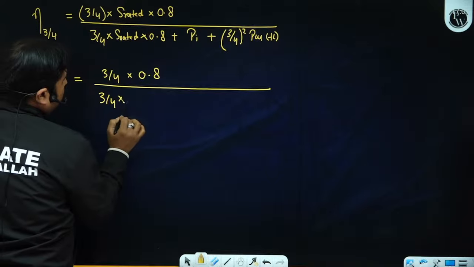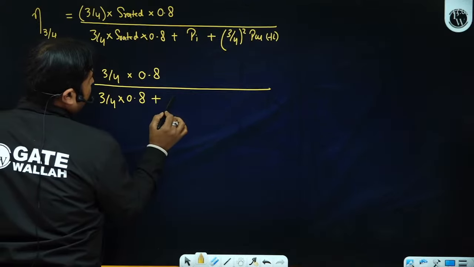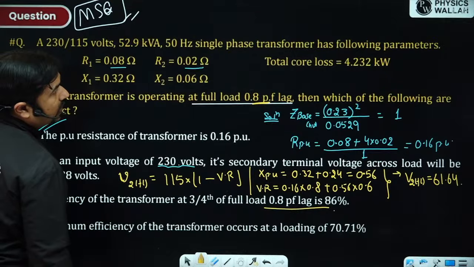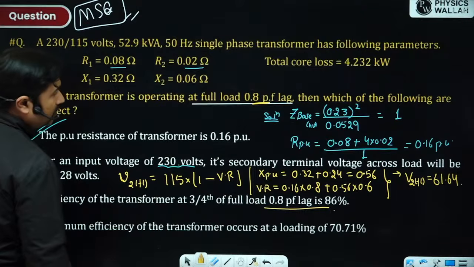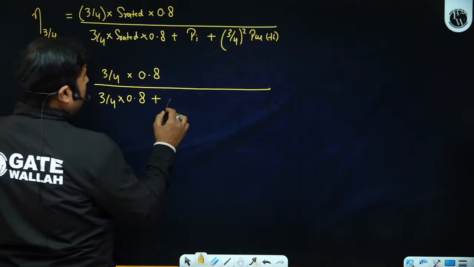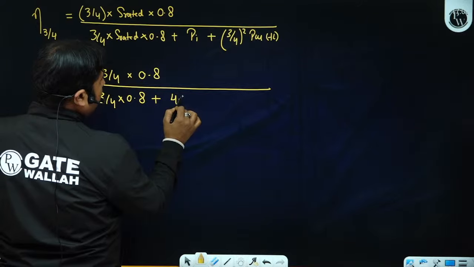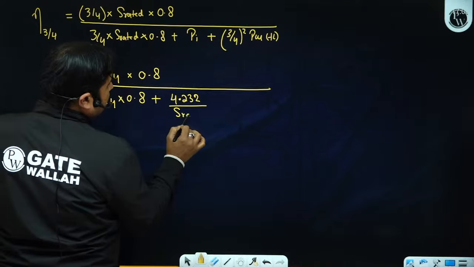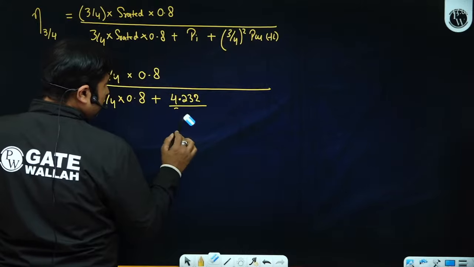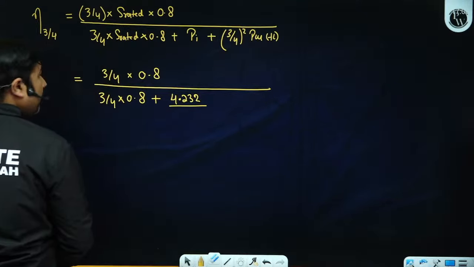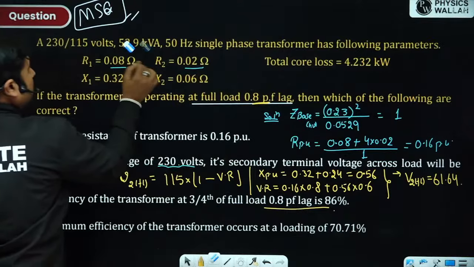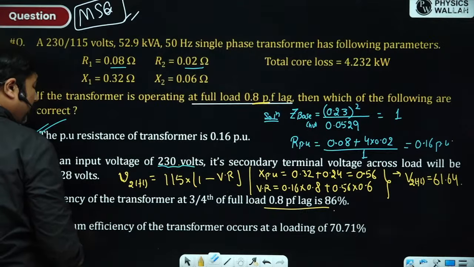So 3/4 into 0.8 plus Pi. Pi is 4.3232 divided by S rated. S rated is 52.9, this is in kilowatt and that is in kVA.